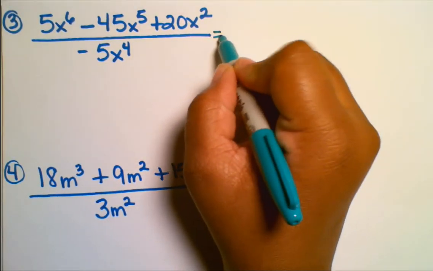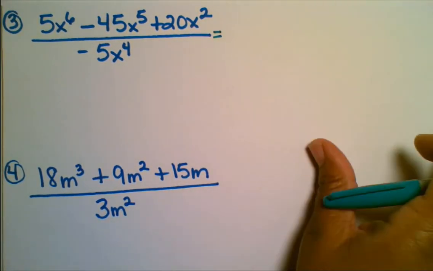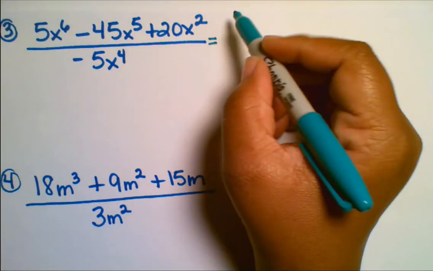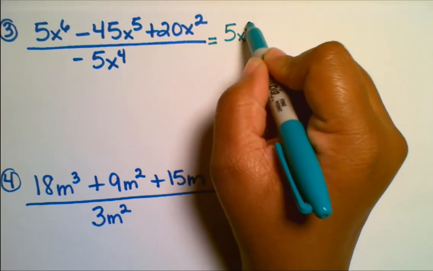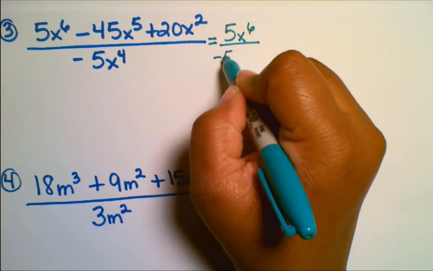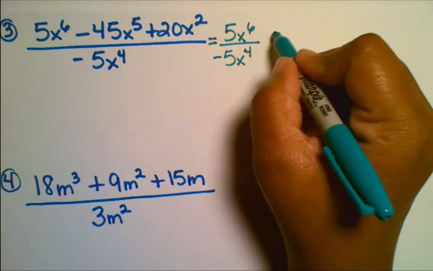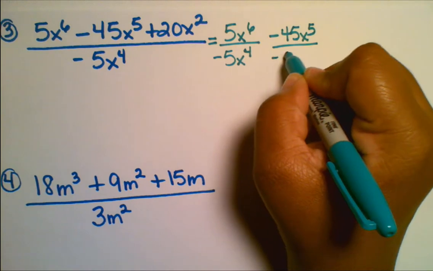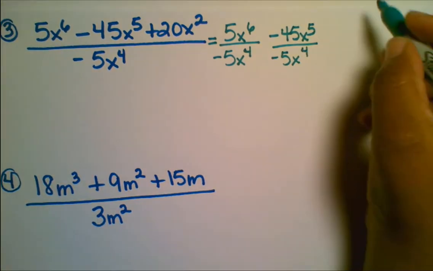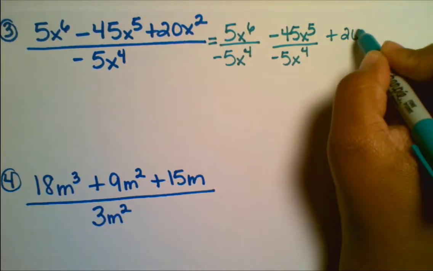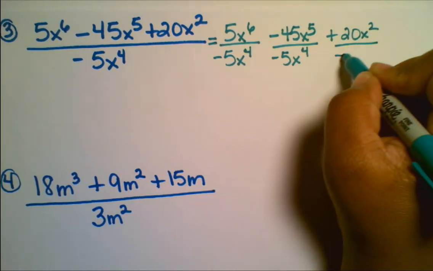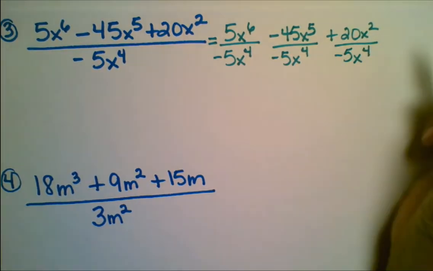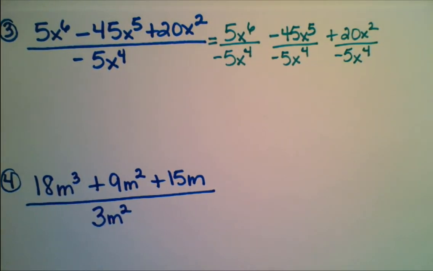So since we have 3 terms in the numerator, we're going to write 3 separate fractions. And then we're going to reduce each fraction.